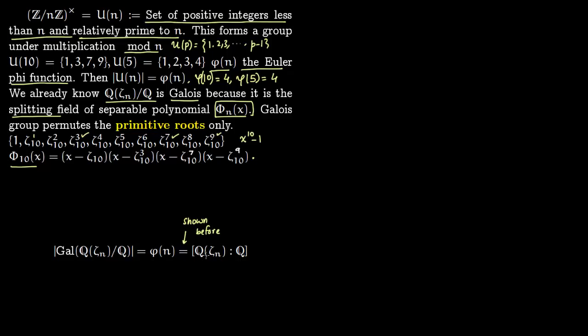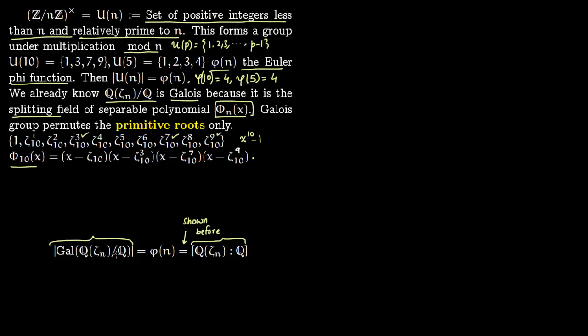We have shown before that the degree of the extension Q(zeta n) over the rationals is our Euler phi function. And now we are saying that this is a Galois extension. So therefore the size of the Galois group is equal to this degree of extension, and this degree of extension is varphi of n.